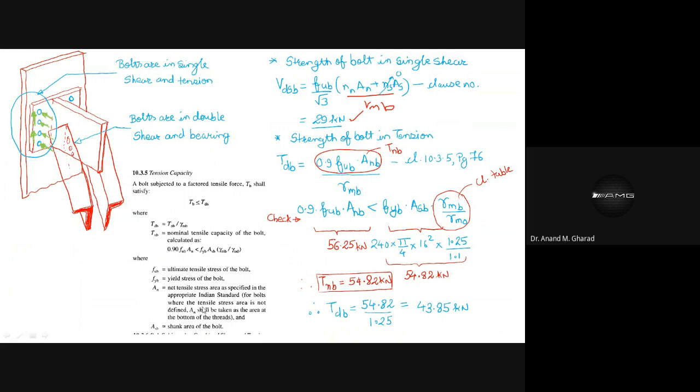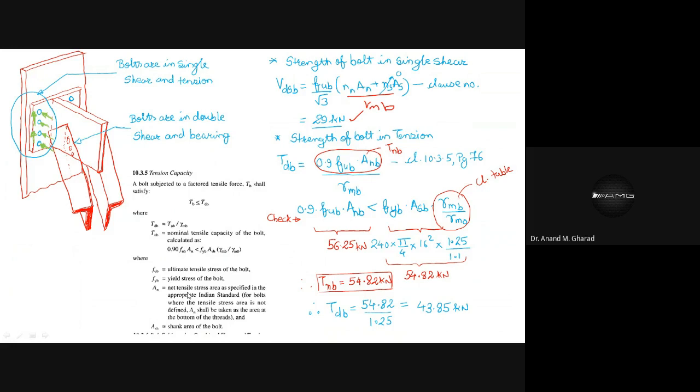For bolts where the tensile stress area is not defined, AN shall be taken as the area at the bottom of the threads. That is nothing but your 0.78 times area of the bolt.